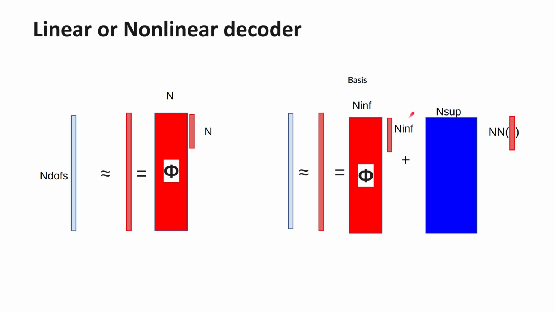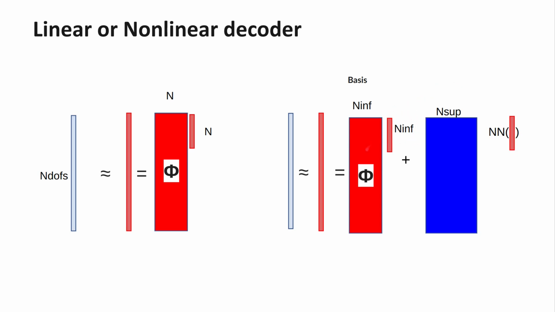So we only compute one little vector, and then we pass this little vector to the neural network and get a vector of dimension n sub, and that is the weights of the columns, right? So I get a decoded version through this decoder of this little vector that Kratos computes for me.